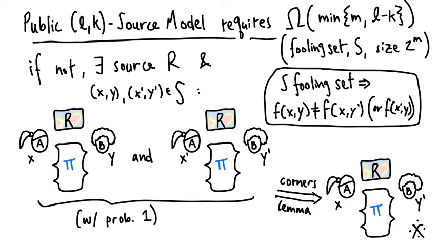And due to the corners lemma, this gives us a contradiction. For any fixed string R output by this source, we can consider their protocol as a deterministic protocol. The corners lemma says that their transcript on x and y' will be the same as before, and therefore what they get with probability 1 is the incorrect value of f.